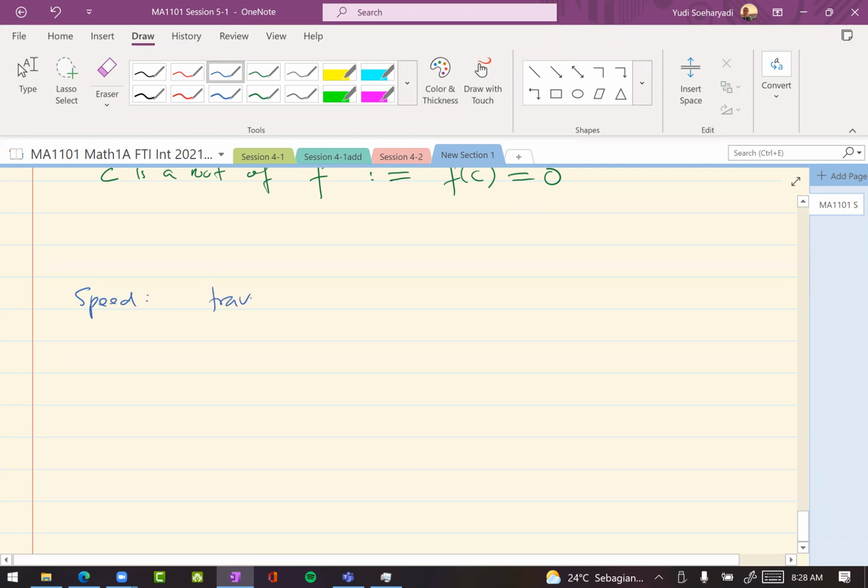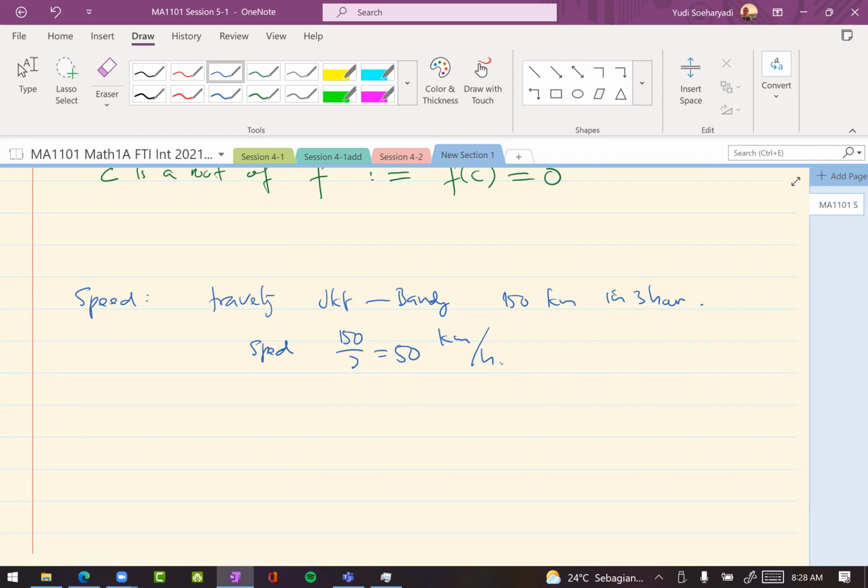Traveling Jakarta to Bandung, 150 kilometers in 3 hours. So the speed would be 150 divided by 3, that's 50 kilometers an hour. Okay, so that's speed.